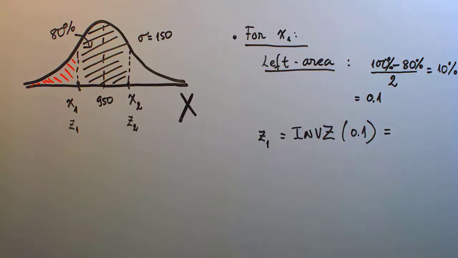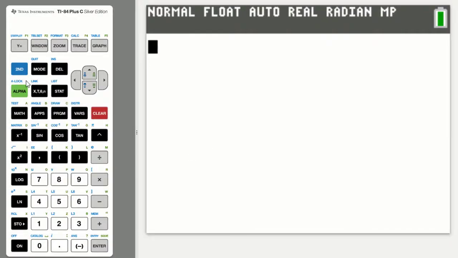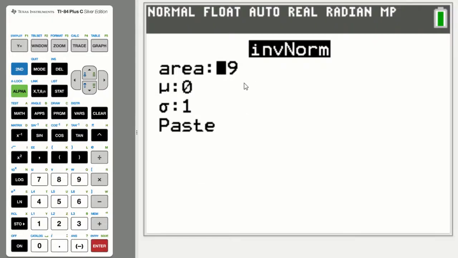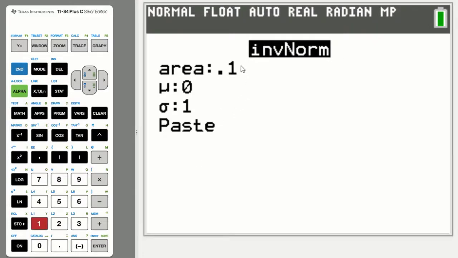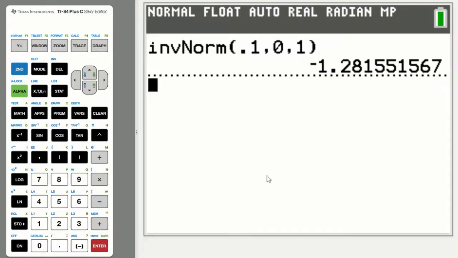Using the InvNorm command on the TI-83 calculator, with input being 0.1 for the area known to be to the left of z-score 1, this is going to be our answer.